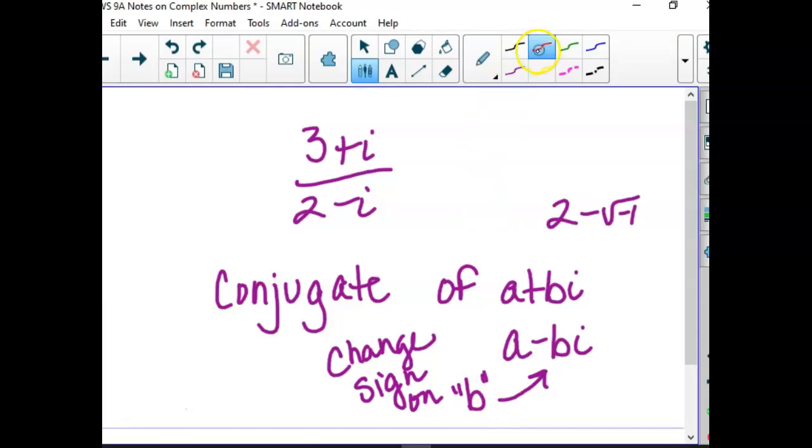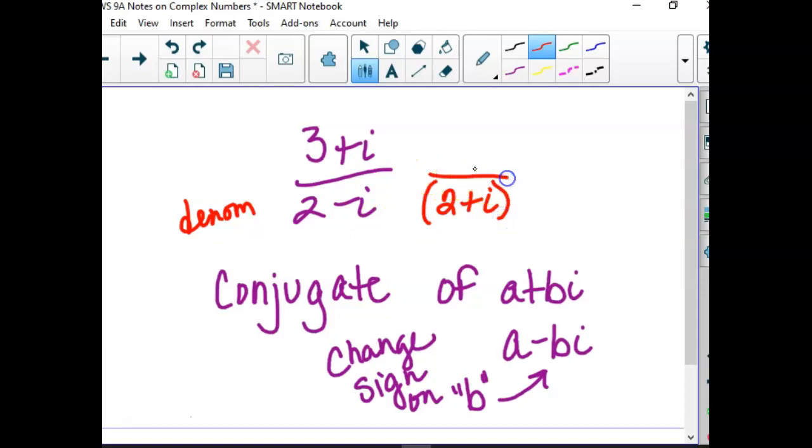So the conjugate for my example, remember we want the conjugate of the denominator, which is this guy down here. Anybody know what the conjugate of 2 minus i might be? 2 plus i, good job.